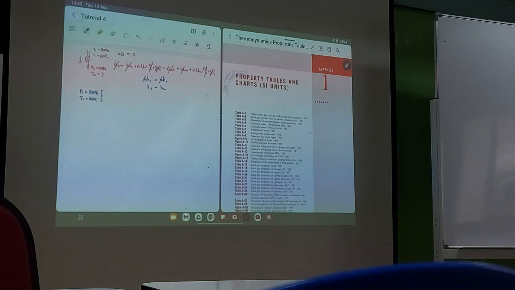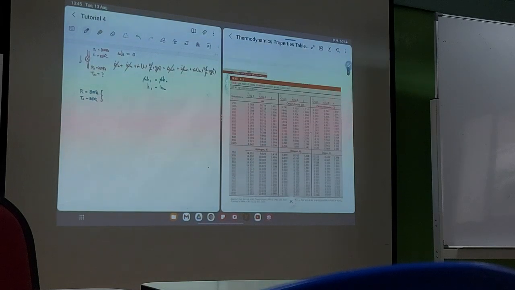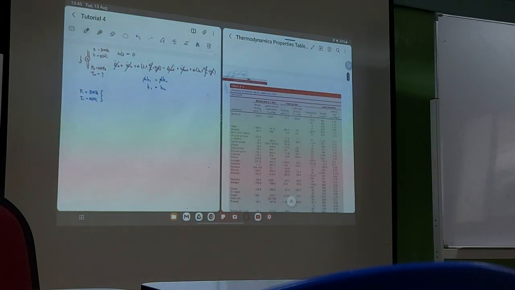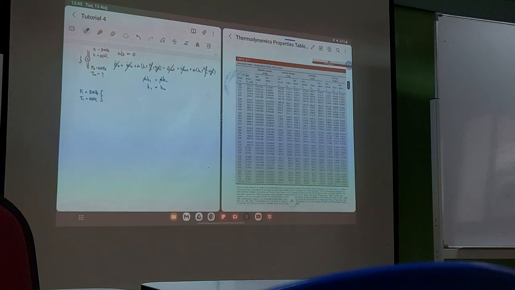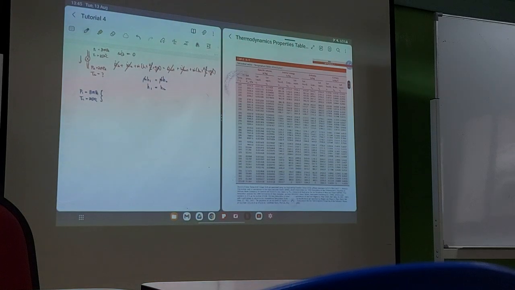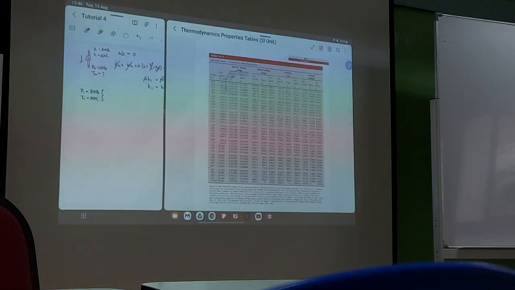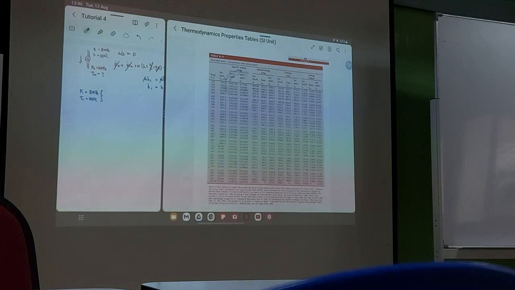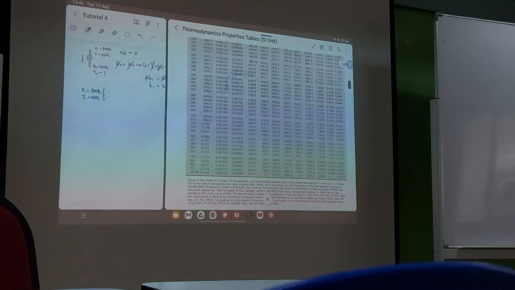Okay, let's go to the table. We check for 8 megapascal or 350 degrees Celsius. Either one is fine since you are given both, but you shouldn't expect it to be at a saturated state, because if they are saturated, then you cannot find anything. Okay, so we look at 350.